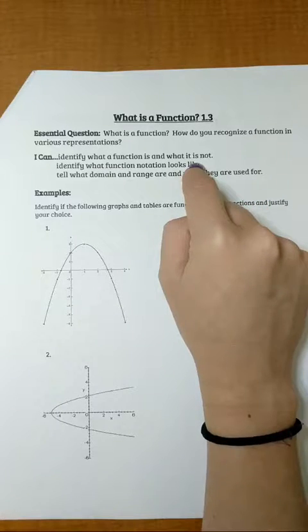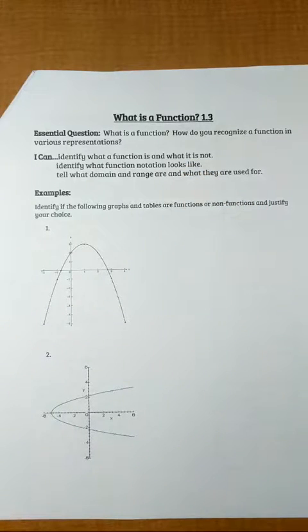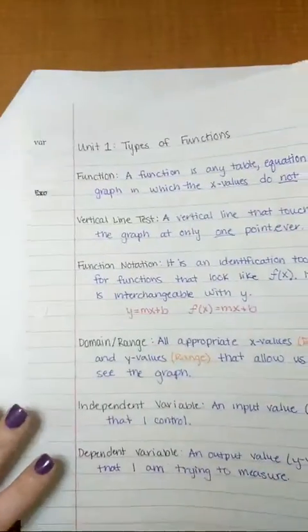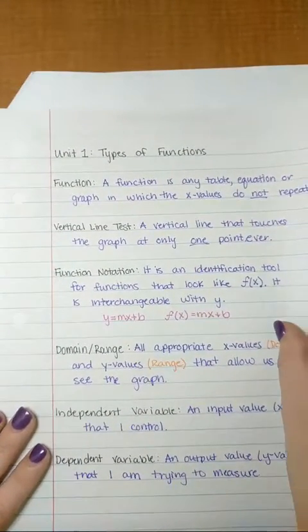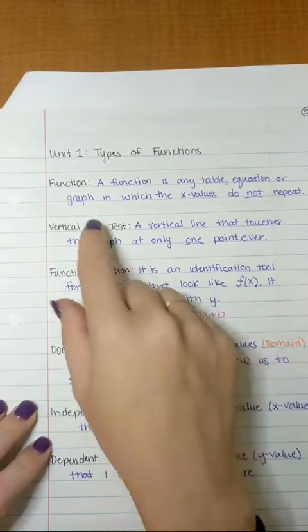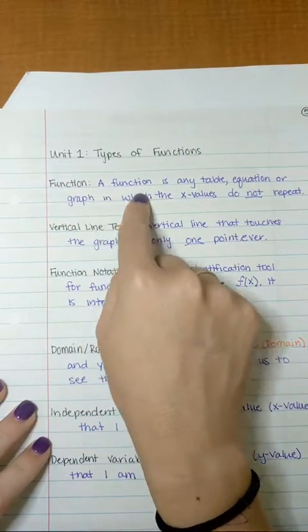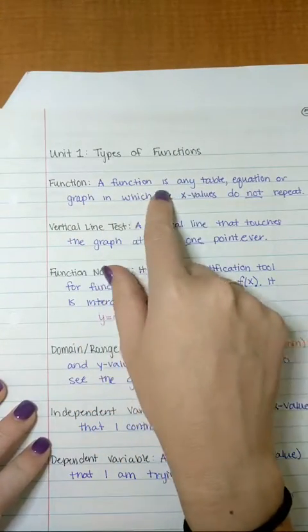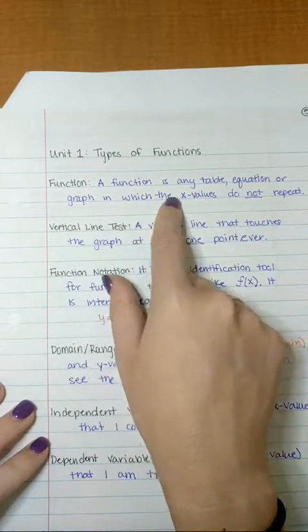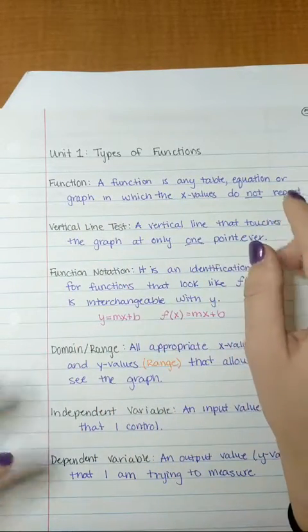And we talked about passing our vertical line test. A function is any table, equation, or graph in which the x values do not repeat.